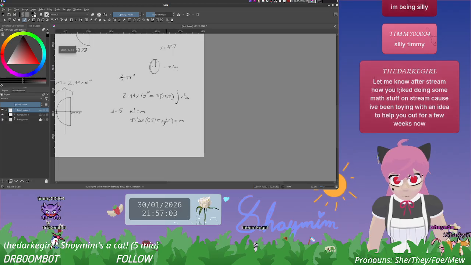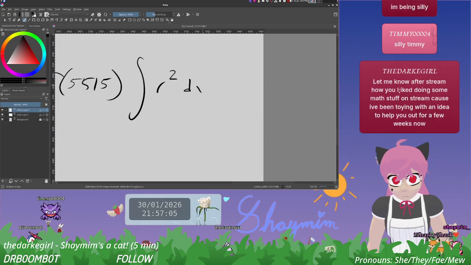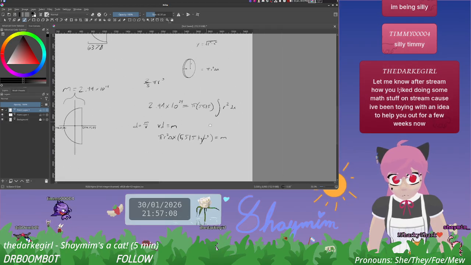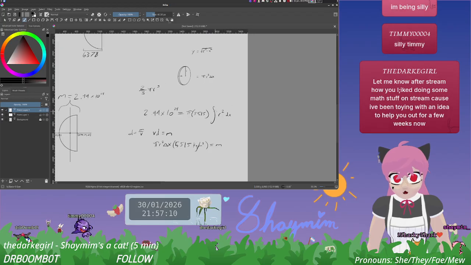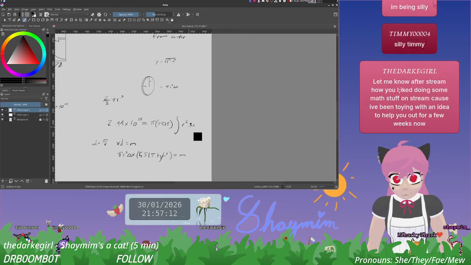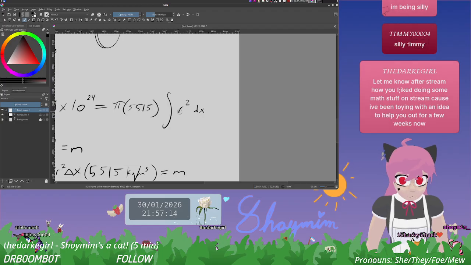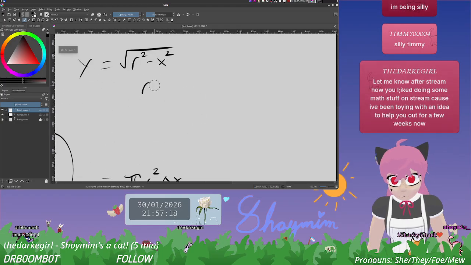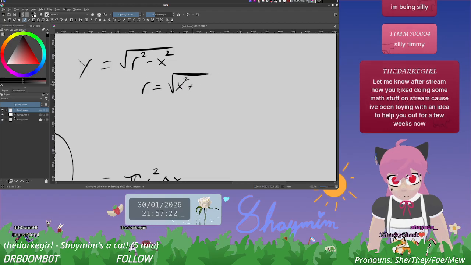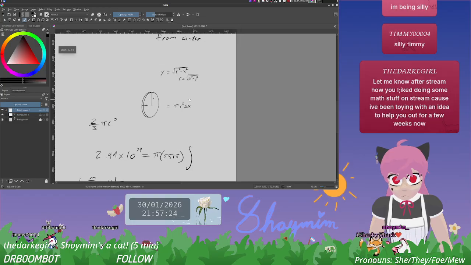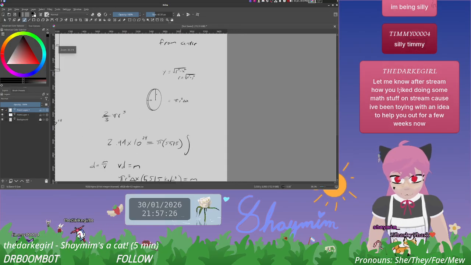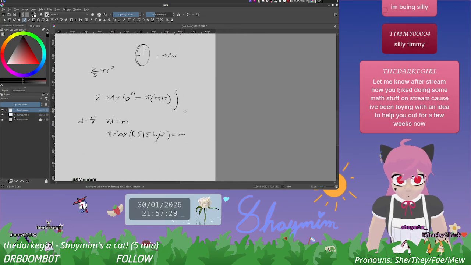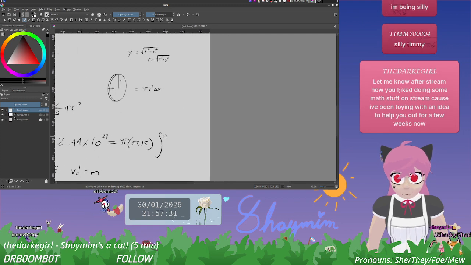Not delta x, it's dx there. Is that correct? No, because we have to solve for... Because we want it in respect to x and we have an r there, so that doesn't work quite. R equals square root of x squared plus y squared, right? We don't want to be nesting those like that, so that's not good.